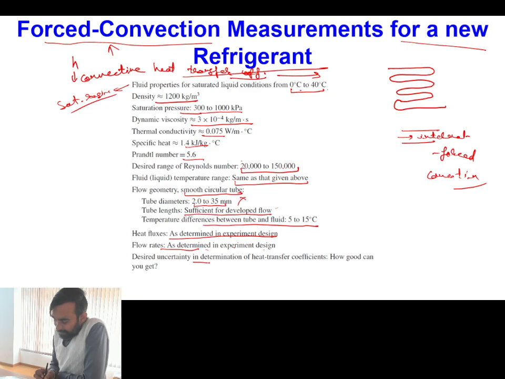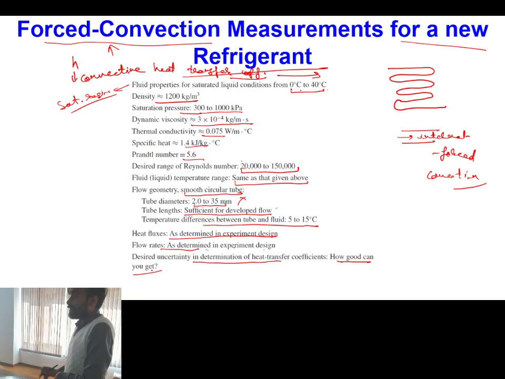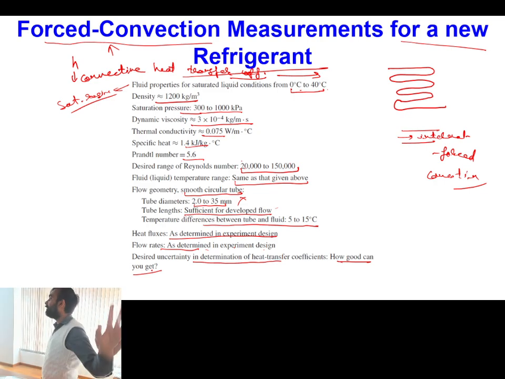And desired uncertainty in determination, so whatever range of uncertainty we have to maintain is how good one can get. So with this physical situation given, we have to now define or design the experimental facility for measurement of heat transfer coefficient.